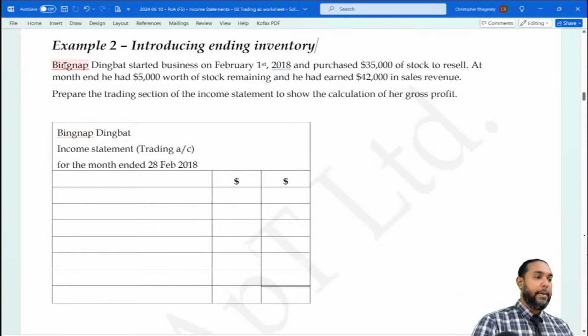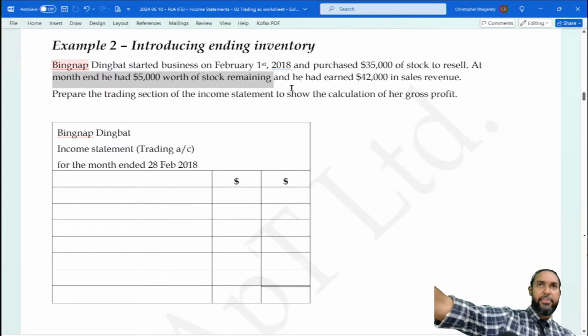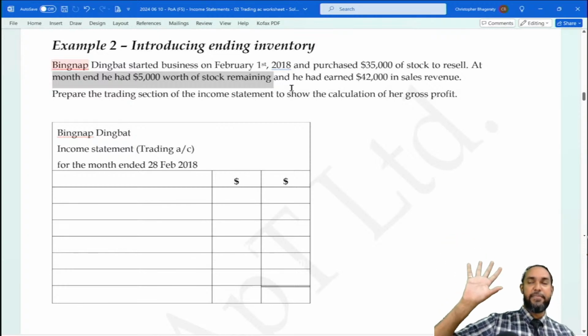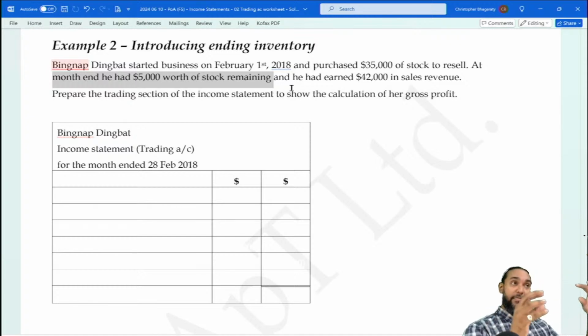Right? So Bing Nap Dingbat started business on February 1st, 2018 and purchased 35,000 of stock to resell. So he bought 35,000 of stock. At month end, he had 5,000 worth of stock remaining. So if you bought 35,000 worth of stock and you had 5,000 left, what's the value of stock you actually sold? 30. You bought 35 worth of stock and you have 5,000 left.